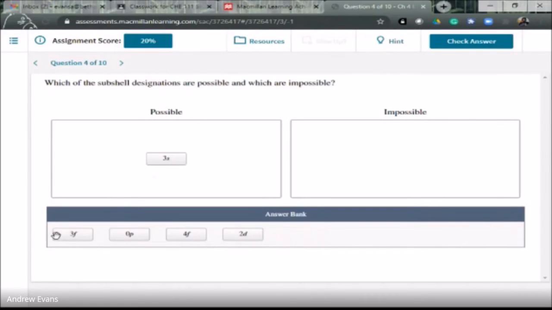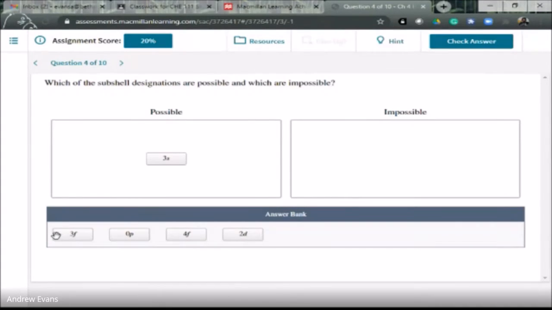But 3f, is that possible? Well, the rule is l goes anywhere from 0 to n minus 1. Row 3 has available 0, which is s, 1, which is p, and 2, which is d. f would be 3.